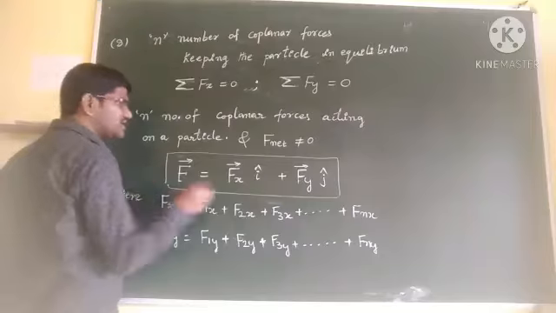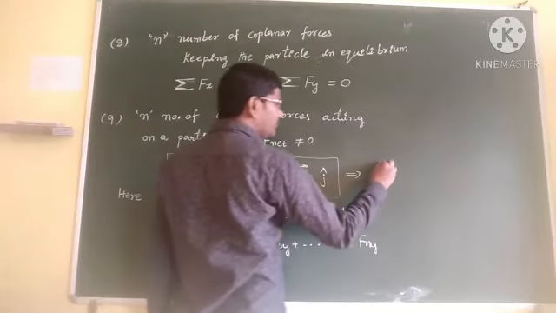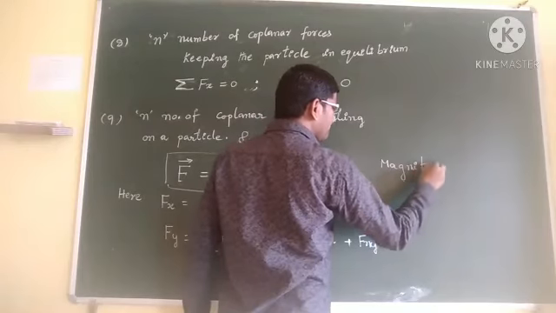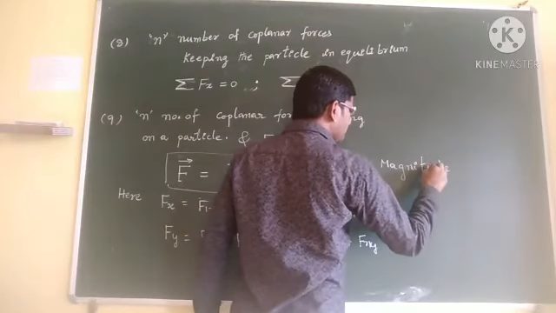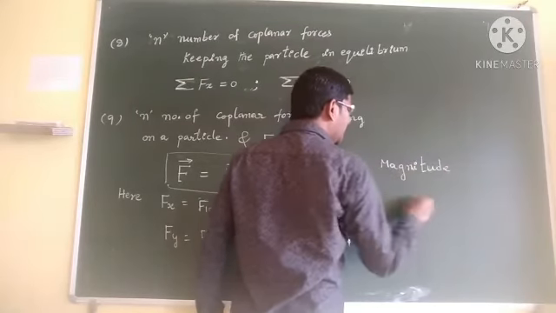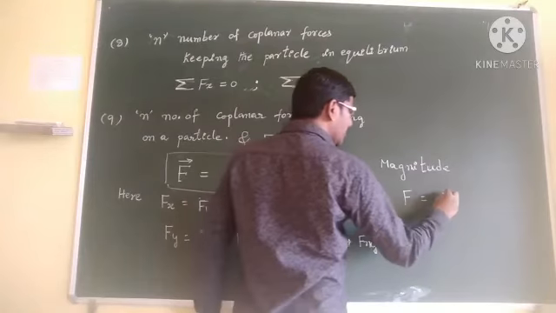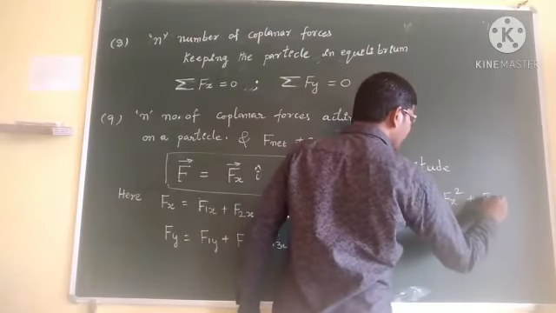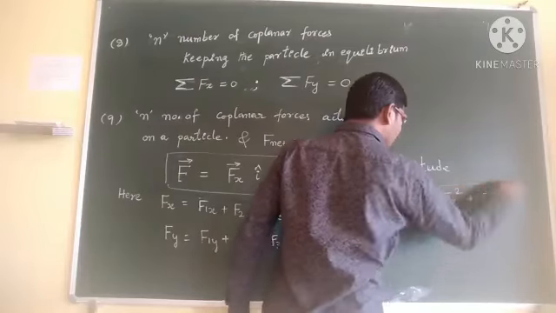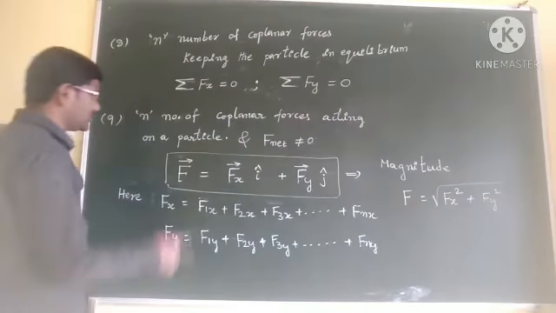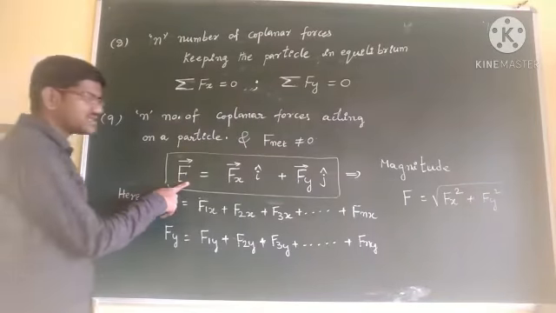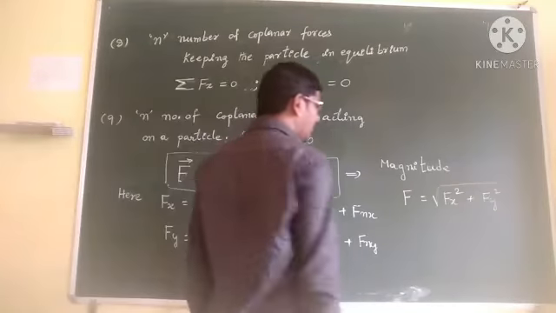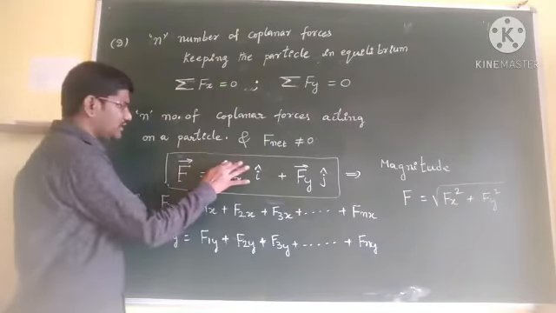If we want its magnitude, then F is equal to, what to write, students? Square root of Fx square plus Fy square. This is called the magnitude of that resultant force. So the magnitude of this resultant force means the i coefficient squared plus the j coefficient squared.